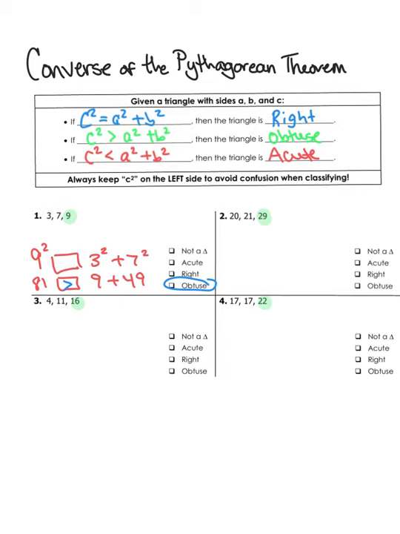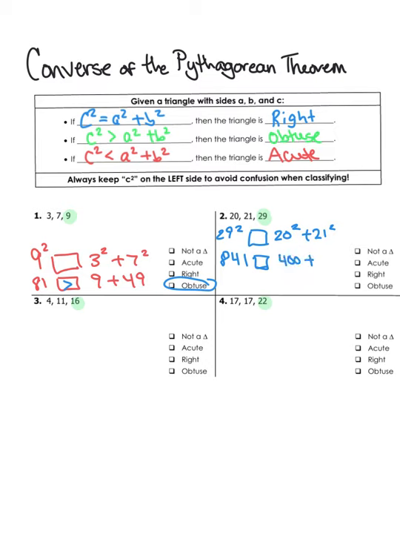When I look at the next one, I'm going to put 29 on the left because I want to relate it to c squared. So is 29 squared equal to, greater than, or less than 20 squared plus 21 squared? Well, 29 squared is 841. 20 squared is 400.